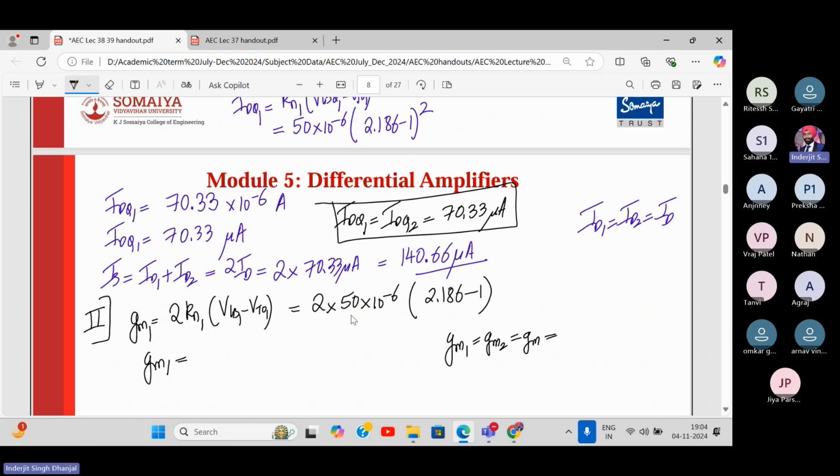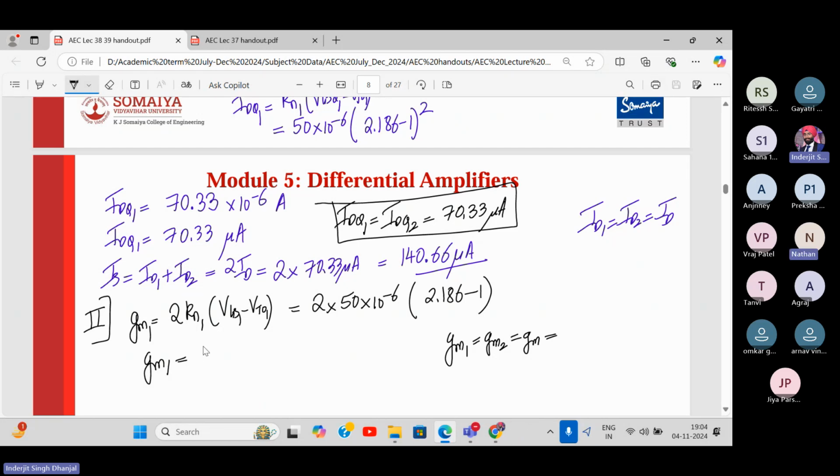How much is it? 100 micro into 2.186 minus 1. Let me know the value. 1.186 into 10 to the power minus 4, which is 0.11 milliampere per volt.